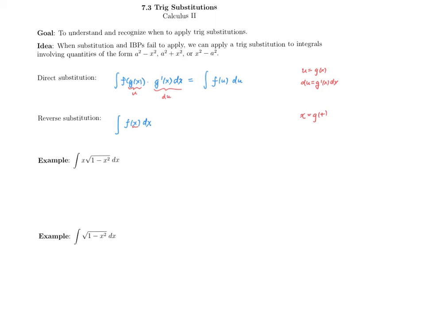And if we're letting x be equal to g of t, that means we need to get the entire integrand, including the dx, in terms of t as well. So we would replace the dx with g prime t dt. And this allows us to rewrite the integral as f of g of t times g prime of t dt.